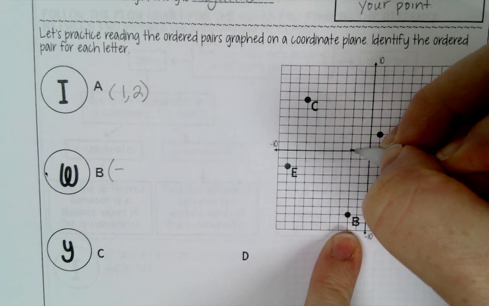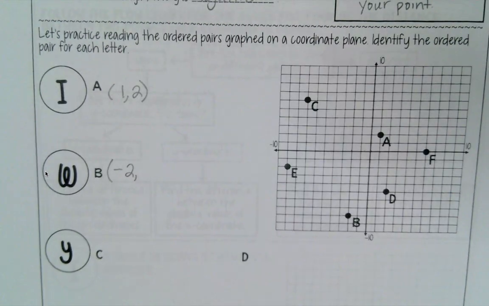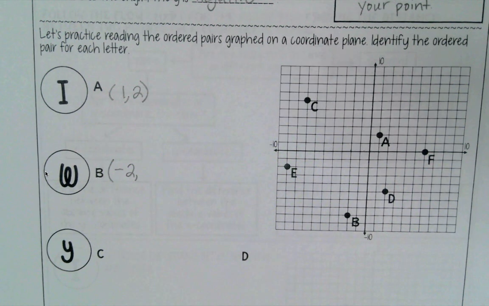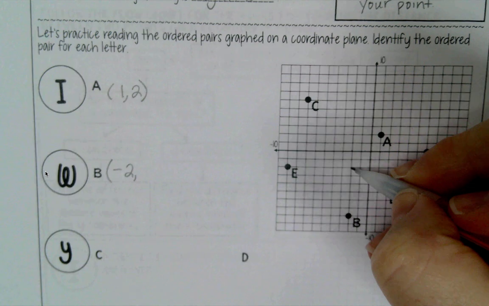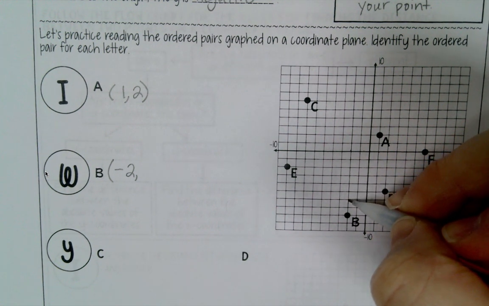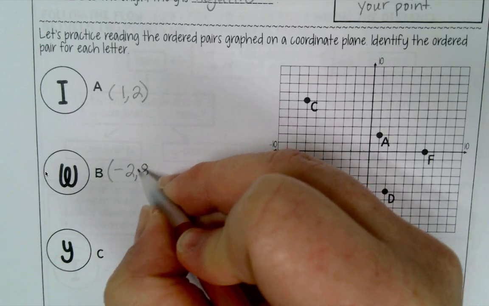So negative 2. Then I'm going to count down until I hit my point: 1, 2, 3, 4, 5, 6, 7, 8. And that's negative because we went down.